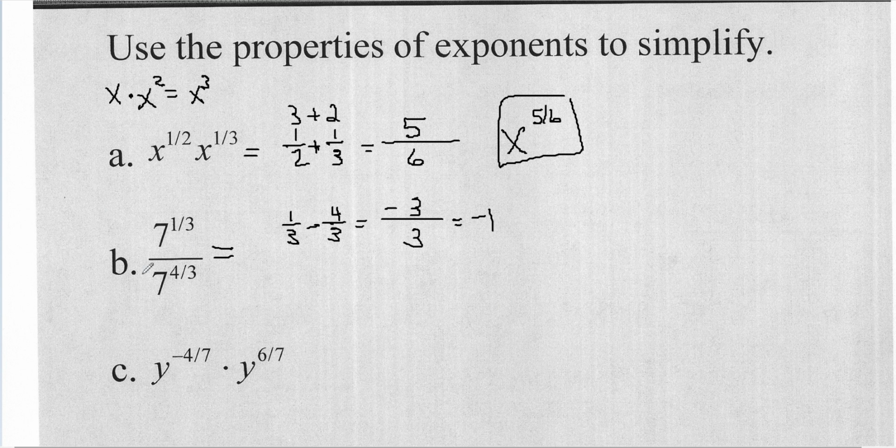So since I subtracted the bottom exponent from the top, I end up with 7 to the negative 1. We have to change it to positive, so it's going to end up being 1 over 7 to the positive 1, if you want to write that 7 there. Okay.